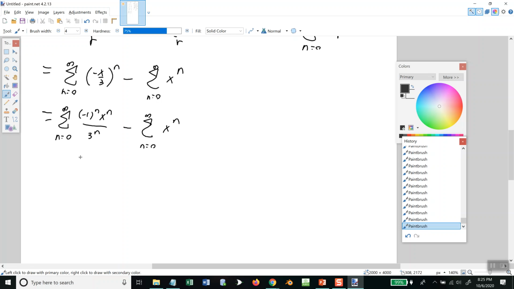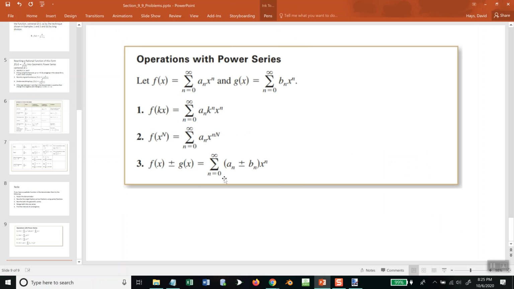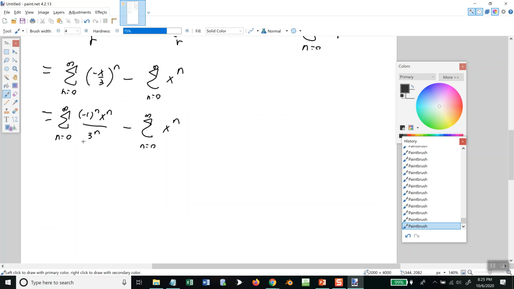Now, from our first part, applying it strictly by our formula, the a sub n does not include the x to the n. So on this one, the a sub n is equal to -1 to the n power over 3 to the n. On this one, the b sub n is equal to 1, isn't it? Because there's nothing there except for the x to the n.